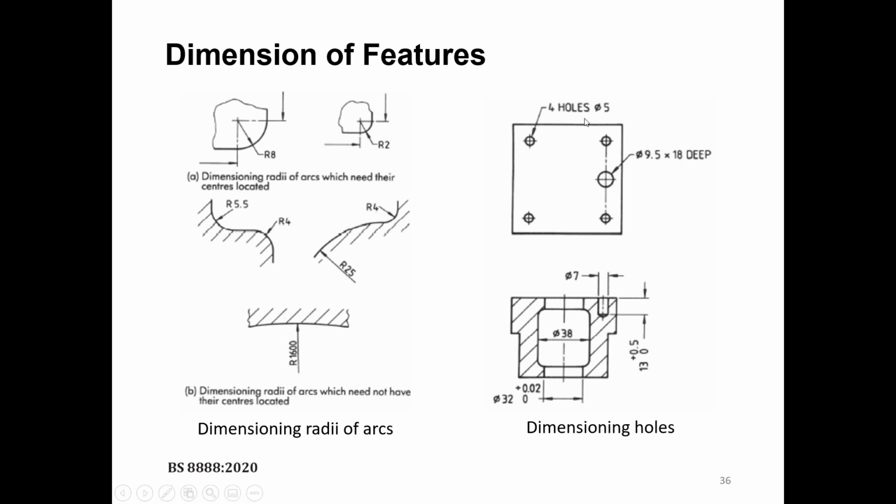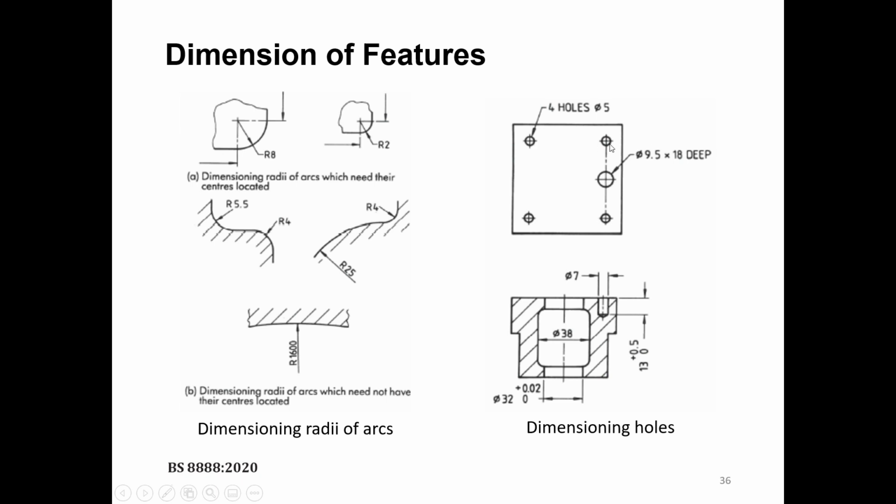Also here, if you look at this view, you have 1, 2, 3, 4 holes. Instead of dimensioning each and every one, we can just add a dimension line here and say 4 holes 5, or this could be 4 cross 5.